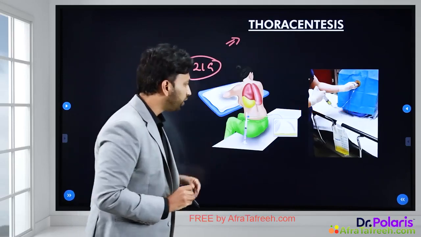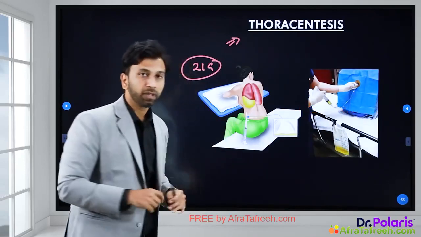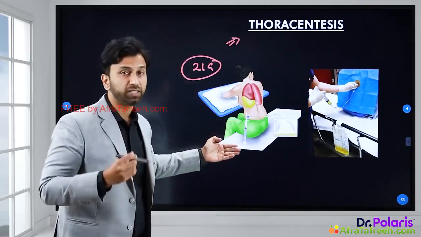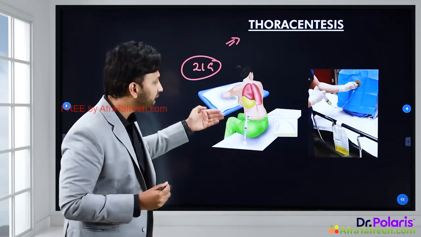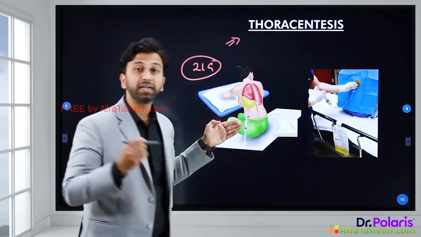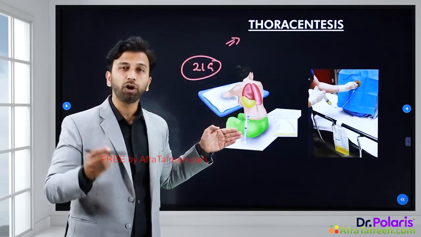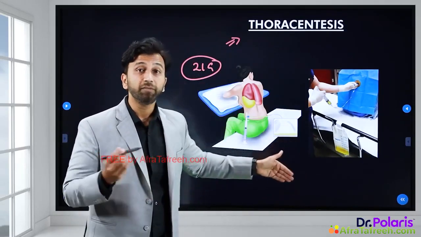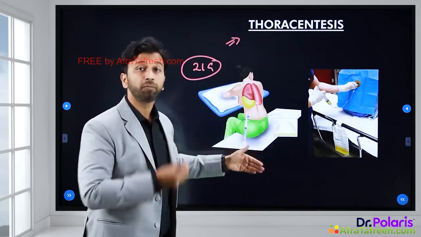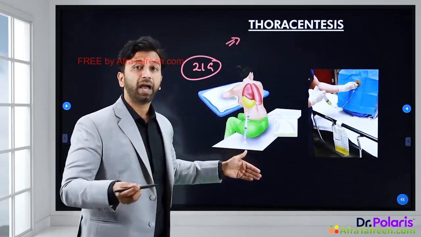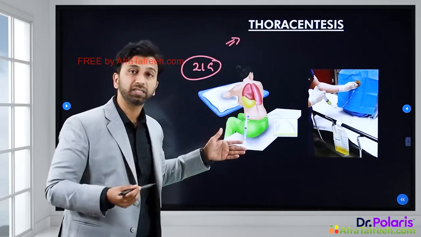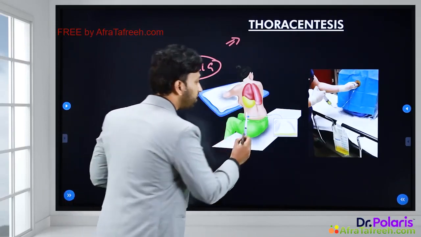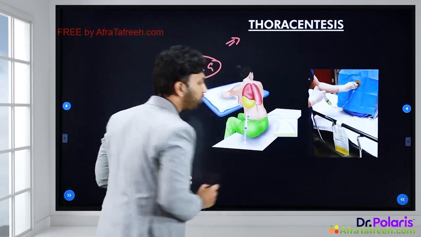Once you get a pleural fluid, you connect it to the three-way, behind which you have connected a 20 cc or a 50 cc syringe, depending upon whether the thoracocentesis is a diagnostic one, where you would just want to collect the pleural fluid for analysis, or whether it is a therapeutic one. That means that you want to remove more of the pleural fluid as a cure, to remove all the collection so as to relieve the symptoms of pleural effusion. Depending on that, you drain the quantity of pleural fluid.